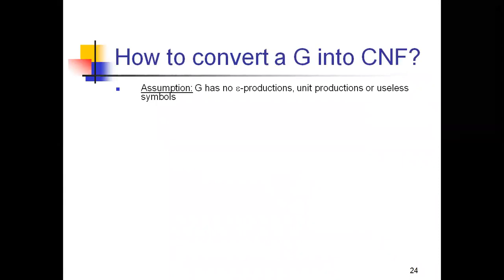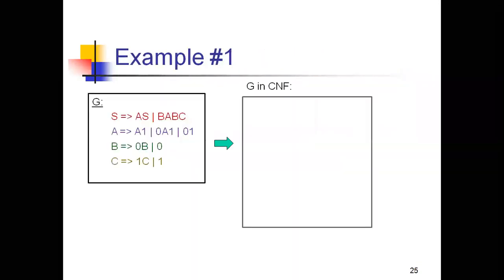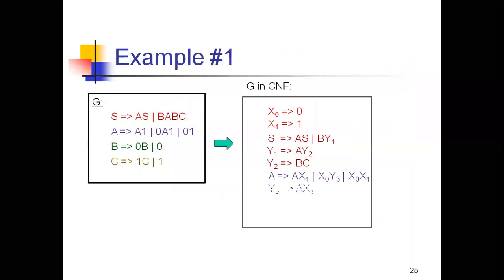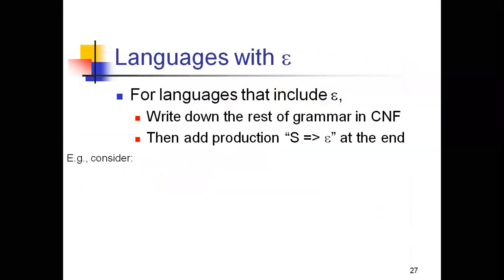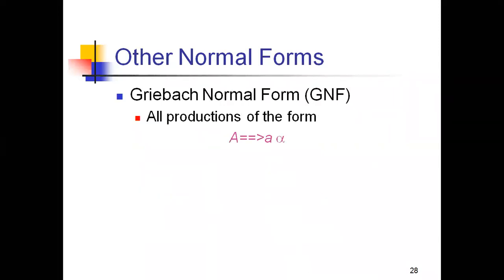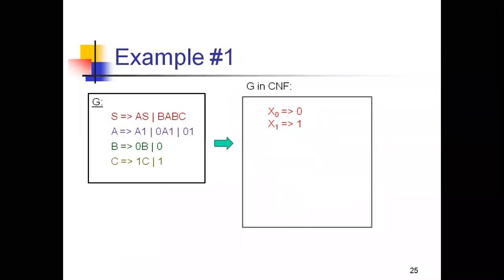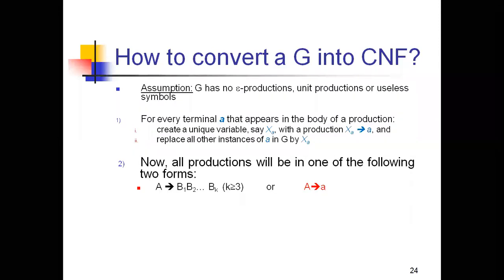And how to convert a grammar into the type 1 normal form. These are the things I'm going to explain in today's session. And in the next class I will explain the next type of normal form. Only two normal forms we have here in context free grammars: one is CNF and the other is GNF.